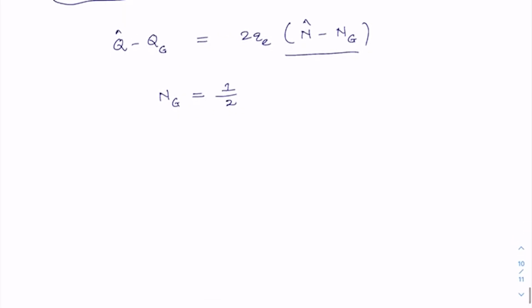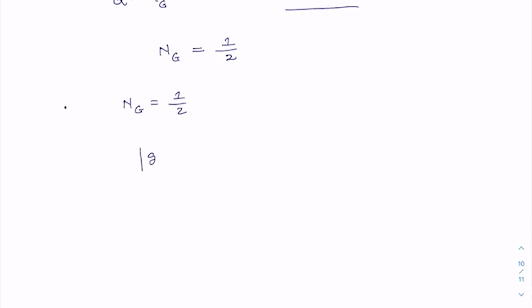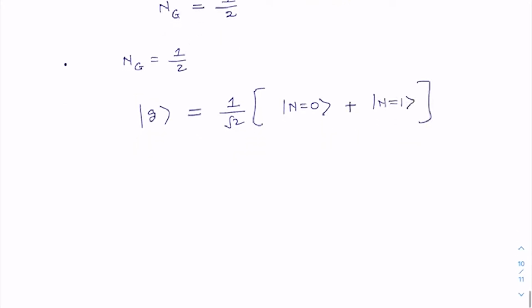As discussed in lecture 12, at nz equal to a half, the ground state of the Cooper pair box is a symmetric combination of n equal to 0 and n equal to 1, and the excited state is an antisymmetric combination of n equal to 0 and n equal to 1.